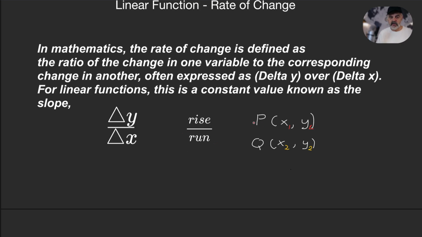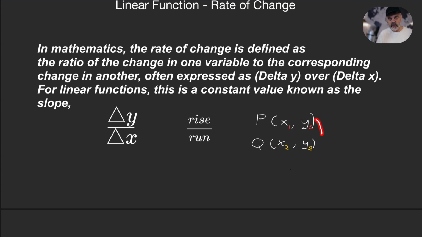For example, when you have 2 points, P and Q, you can appreciate the difference between x1 and y1 versus x2 and y2. That makes those 2 points distinct. They are apart from each other.